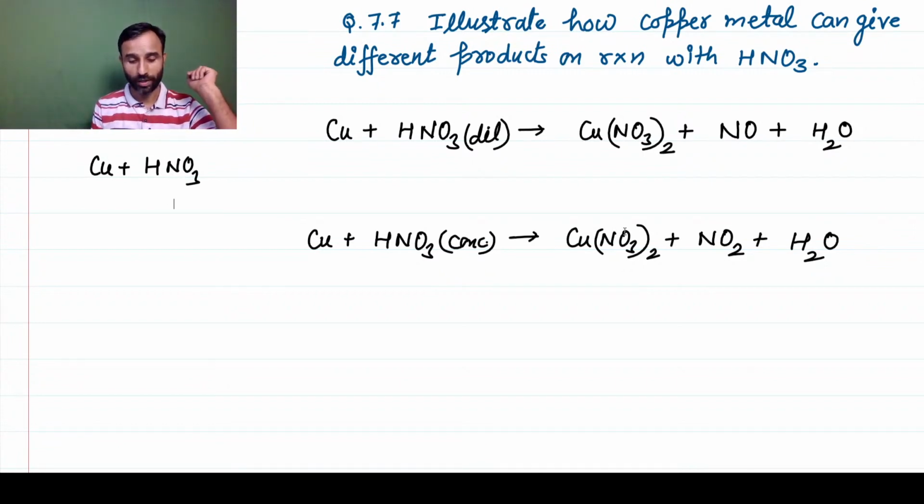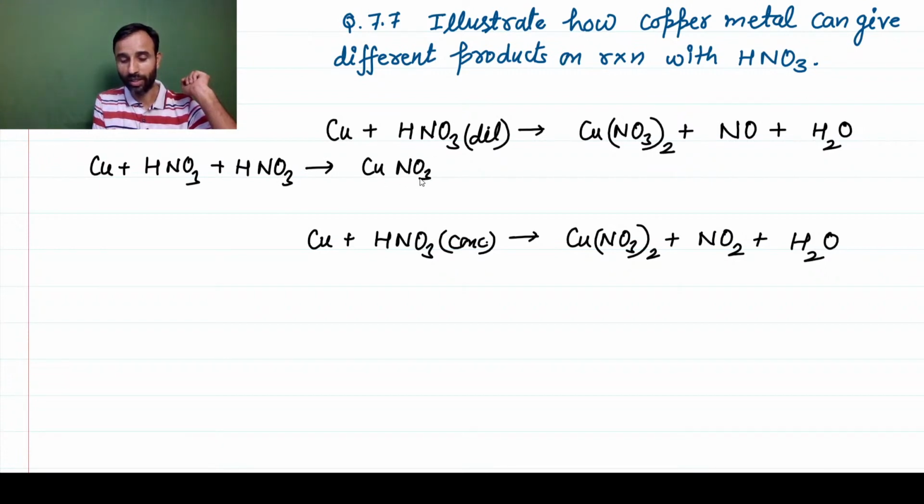So copper and HNO3, you should write HNO3 two times. Why? Because some HNO3 is in the form of nitrate only, and some in the form of NO. Copper is in zero oxidation state. Here copper is in +2 oxidation state.